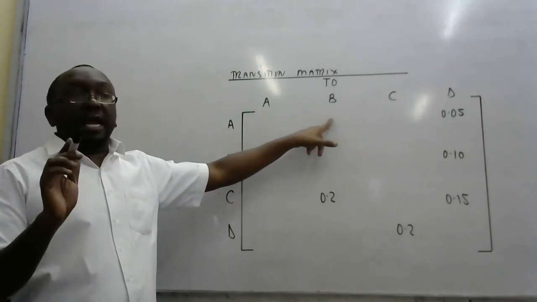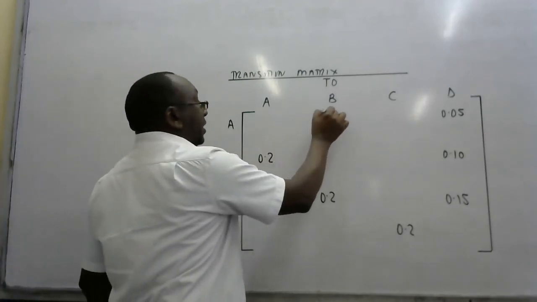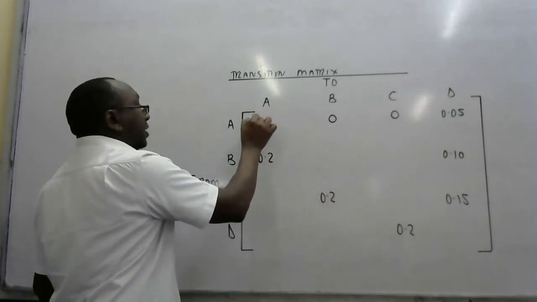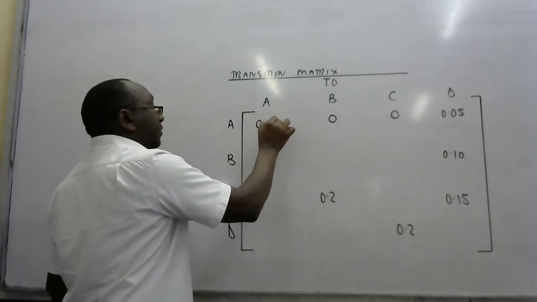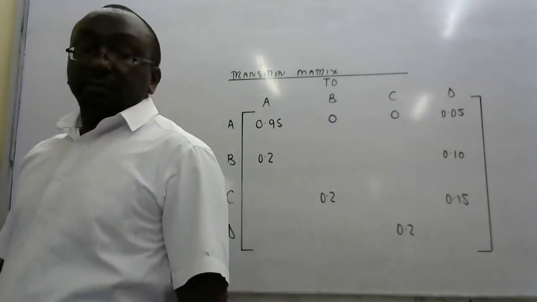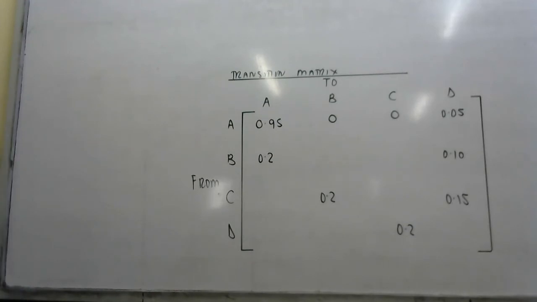So now that the question has not mentioned demotions, we can comfortably say this is 0 and this is 0, and therefore the company must have retained 0.95, because no one was demoted.